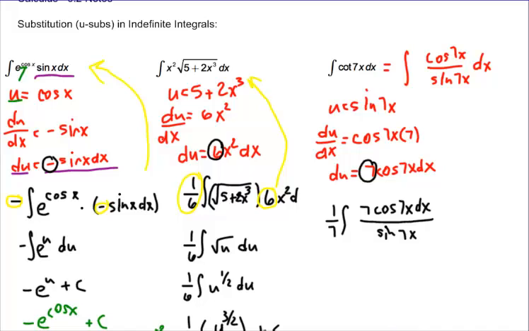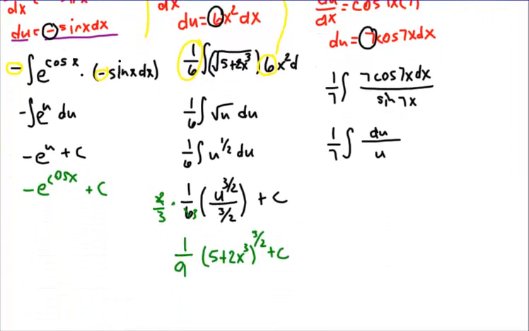In other words, what I'm working is 1/7 times the integral of du over u. Okay? And when you integrate 1 over u, that's just natural log. So I have 1/7 times the natural log of u. And it's got to be absolute value because you cannot take the natural log of a negative number.